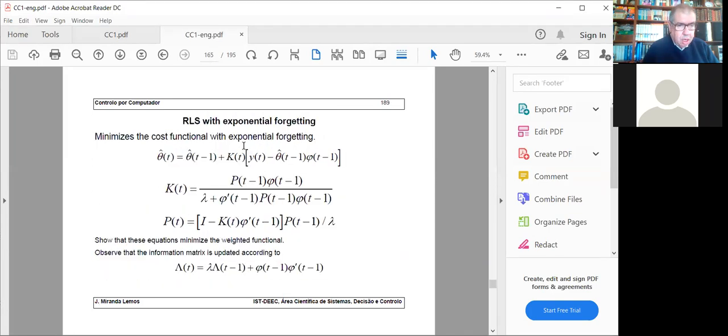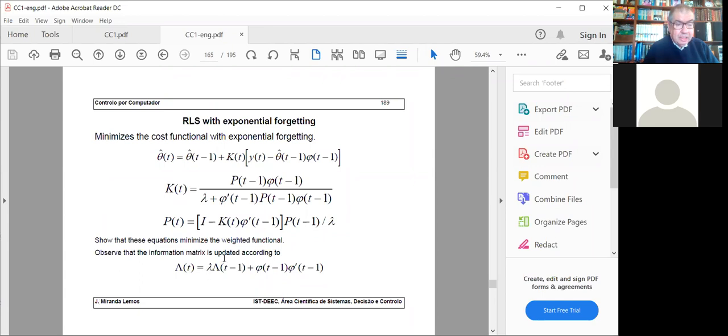Before going on, let me also make a remark. Remember that the covariance matrix P is the inverse of the information matrix, capital lambda. And when you have a forgetting factor, the new information matrix is the previous information matrix attenuated by the forgetting.